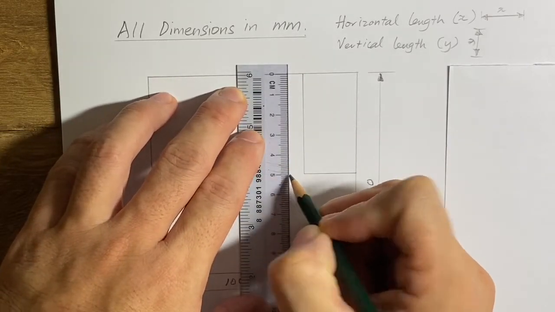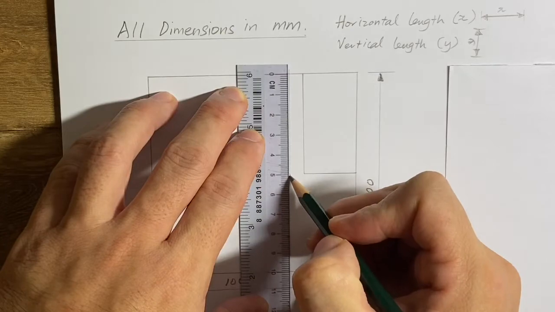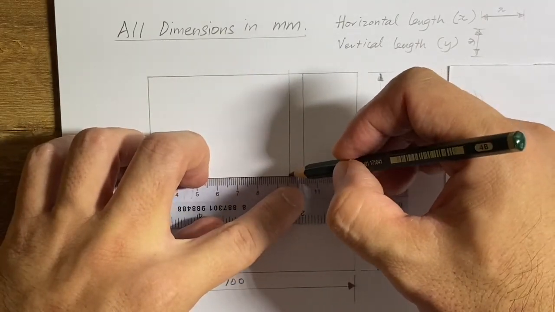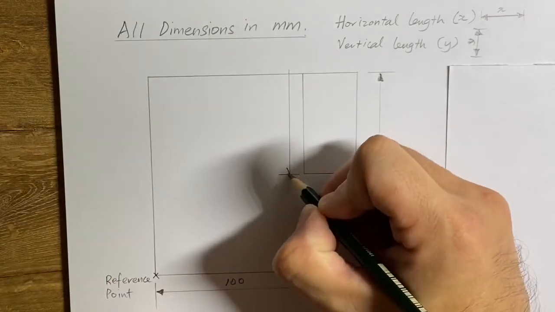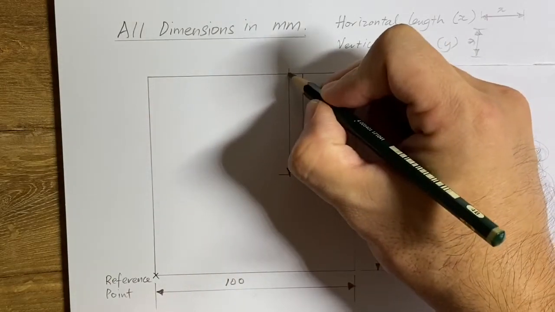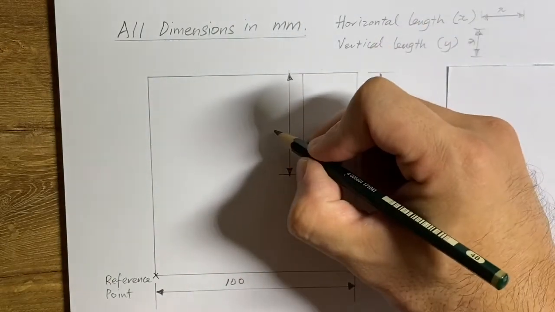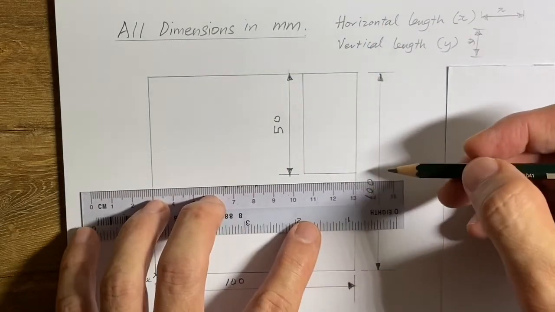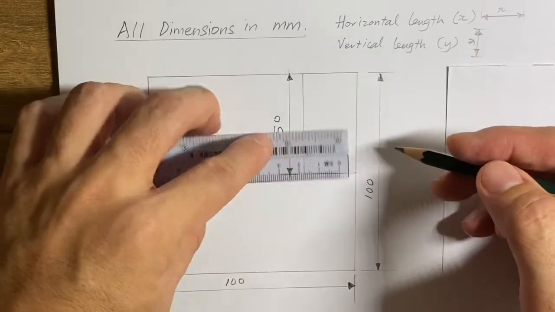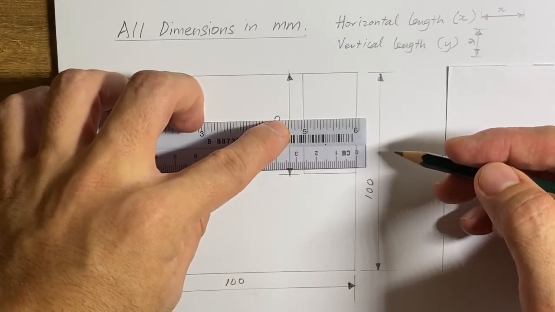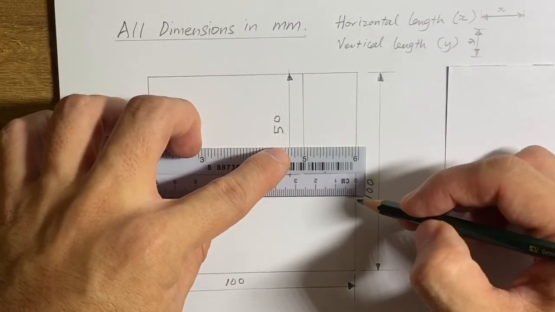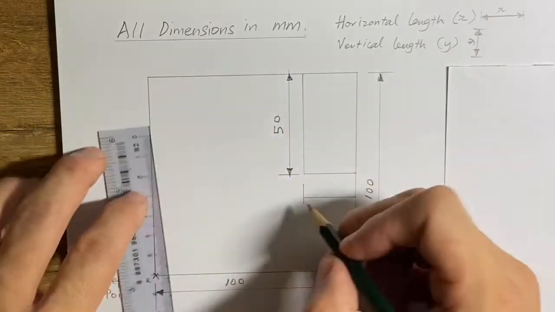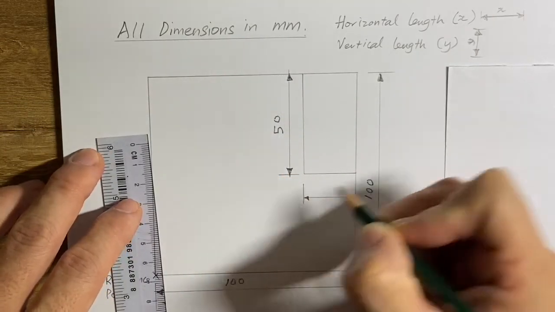In this case, this is about 50 mm from the top. Always remember to sketch. That's 50, and this is approximately 25, about 25 from this edge, right?